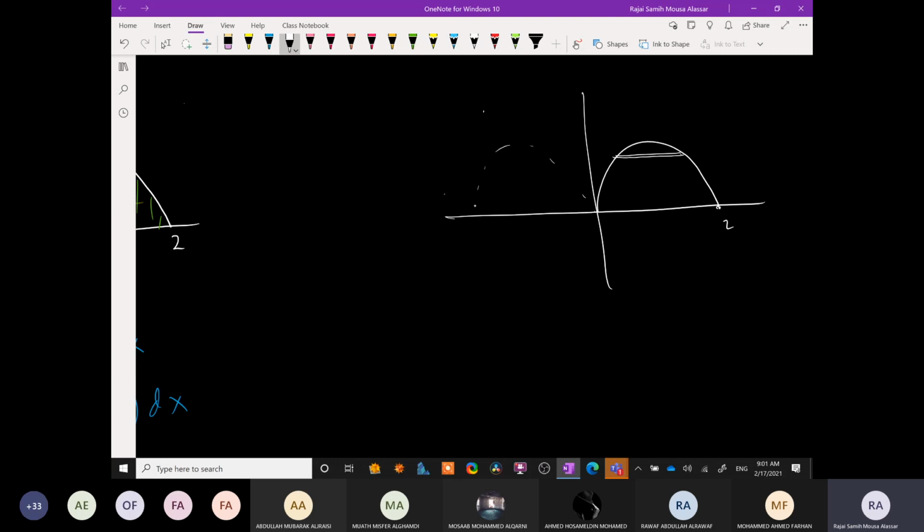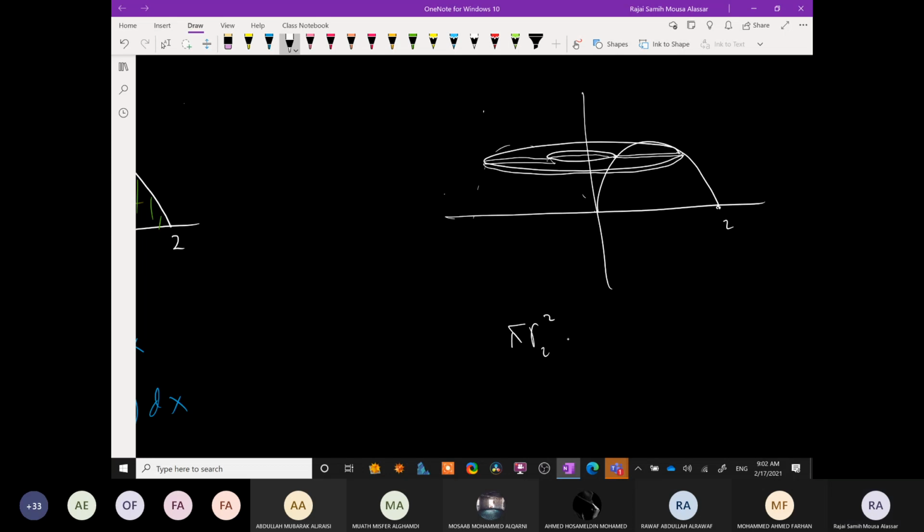If you rotate it here, this is going to come here. Something like this. Now let's calculate this.